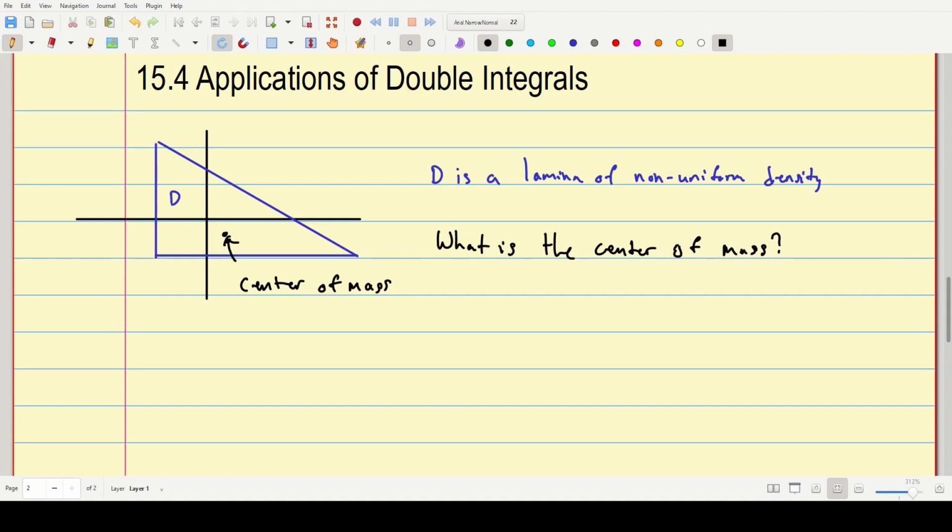But that's not necessarily the case because this triangle is allowed to, say, be really thick on this side and thinner as it goes to the right, for instance. That would affect the placement of the center of mass.